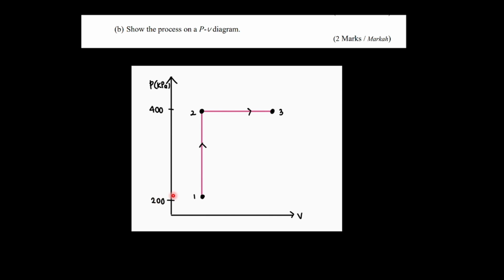From state 1 to state 2, the volume is constant, because the heat is given to the system but only the pressure increases, not the volume, because we require 400 kilopascal for the piston to move. When the piston moves at 400 kilopascal, the volume will also increase. So that's the PV diagram.